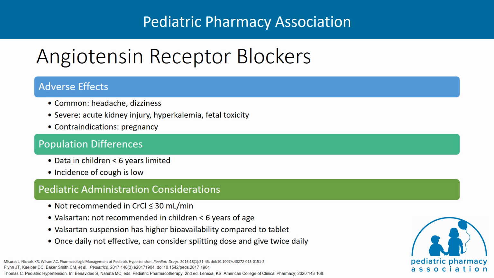If once daily is not effective, you can consider splitting the dose and giving the ARB twice a day if needed. So those are just some pearls to consider when using ARBs in the pediatric population.